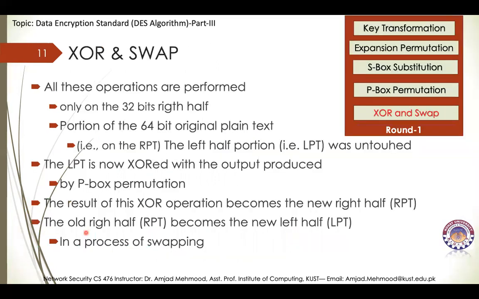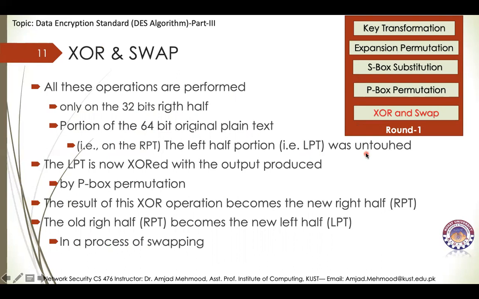Now let's move to the next level, that is called the XOR and swap layer or function. All these operations are performed only on the 32-bit right half portion of the 64-bit original plain text, that is the right plain text. The left half portion, LPT, was untouched.